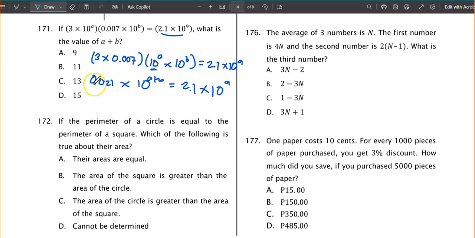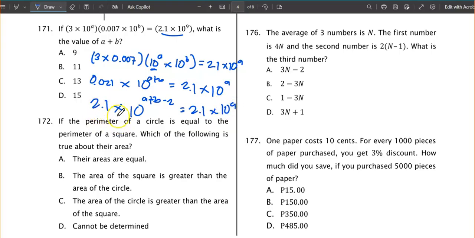How to do that? We're gonna move our decimal point twice, 1, 2, to the right. So we will get 2.1 times 10 raised to a plus b minus 2. And again, this is equal to 2.1 times 10 raised to 9.